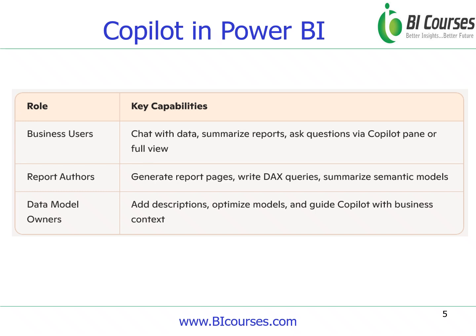Talking about report builders or developers, their main functions are generating report pages, taking help in writing DAX queries, and summarizing semantic models. Report builders or developers are often the semantic model owners who are responsible for a set of tasks which make using Copilot possible. It's optimizing models, adding business descriptions to help Copilot understand our ask.